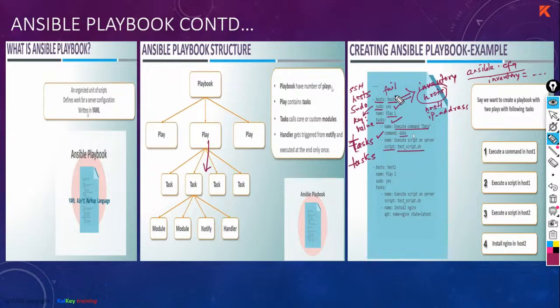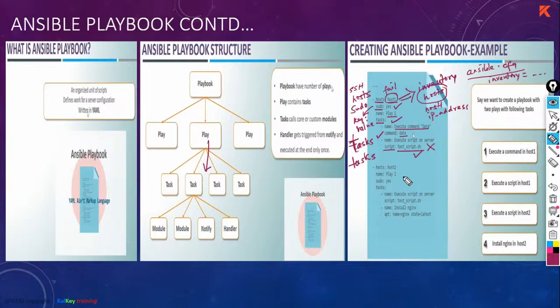It is available on the host1 server, which it has already connected. So it will go to the default home directory and it is expecting that this script will be there. If it is not finding it, then there is an error. If it finds it, it will execute. So some activity has happened on the host1.